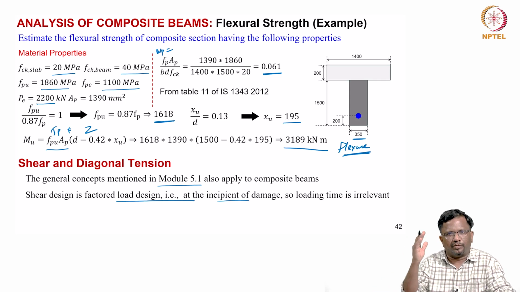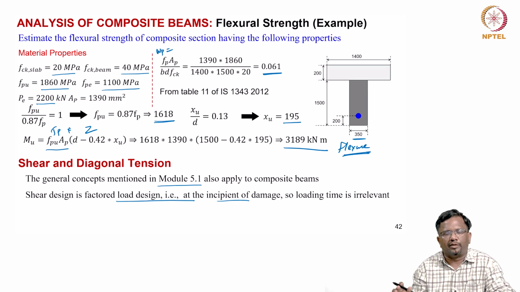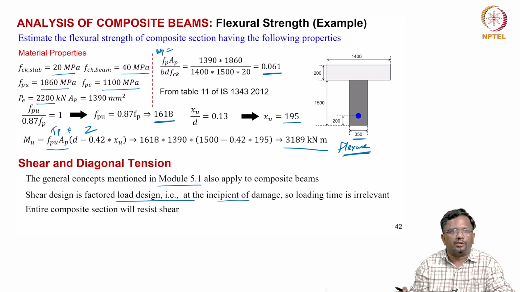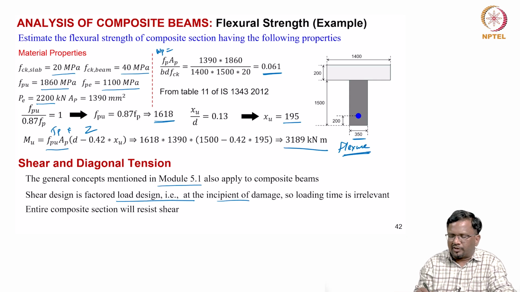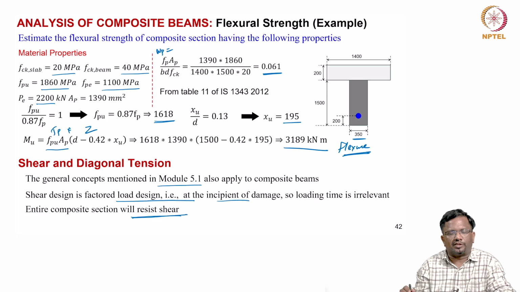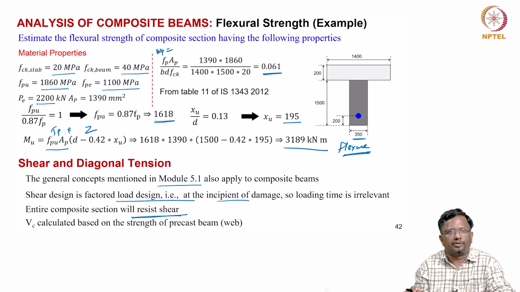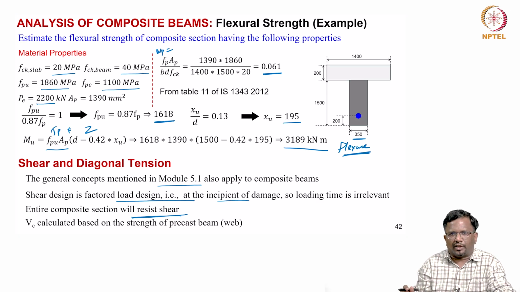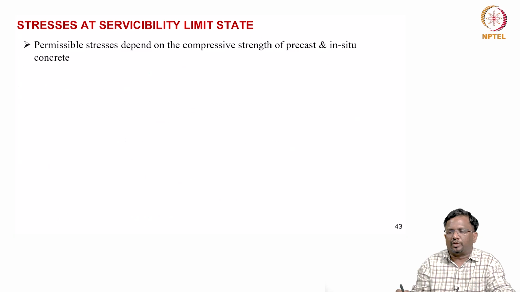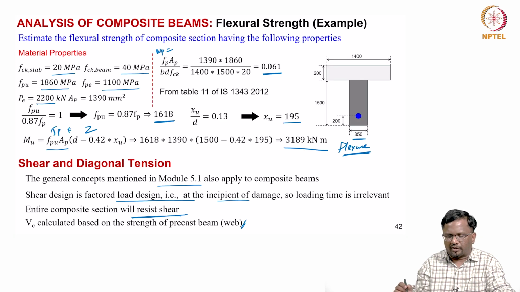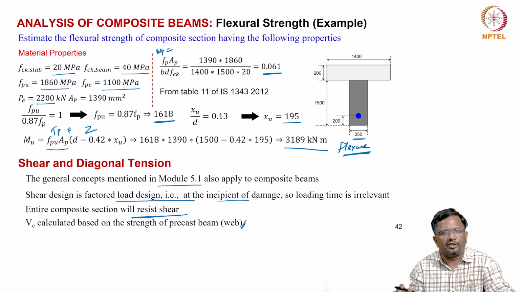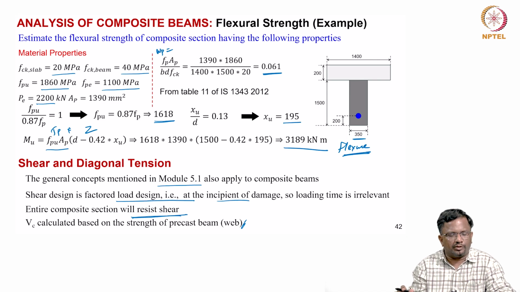So we are doing the analysis at ultimate. Again, a lot of stress redistribution will be there. So the entire composite section you can assume to be resisting the ultimate shear. So VC again is calculated based on the strength of the precast web beam, that is typically the web. So you can go ahead and look at the calculations. So this is for both flexure and shear from the ultimate strength point of view.